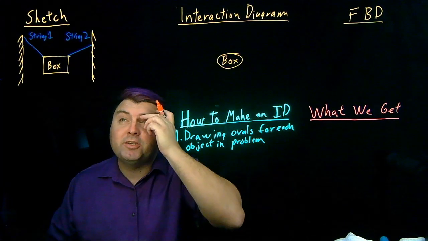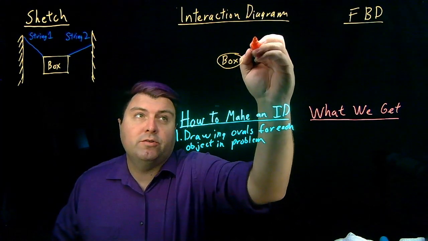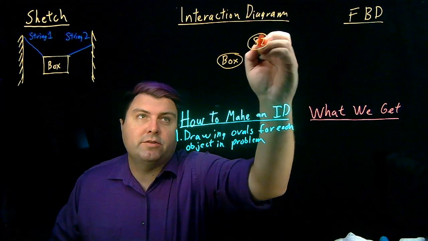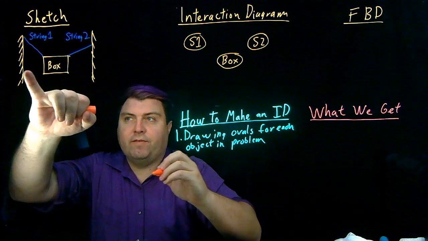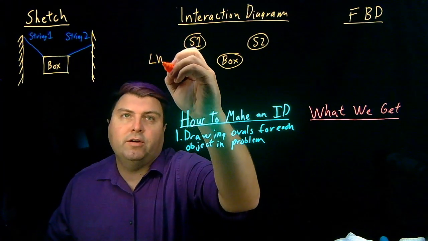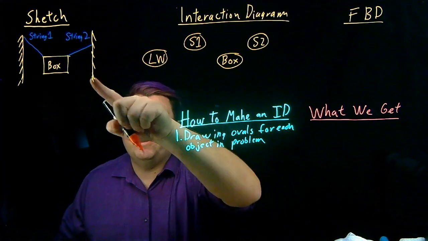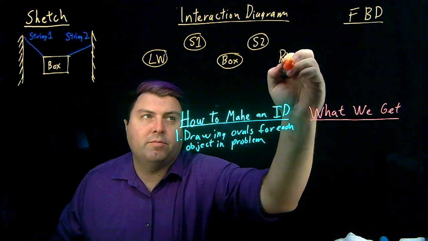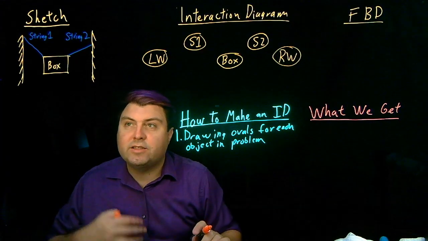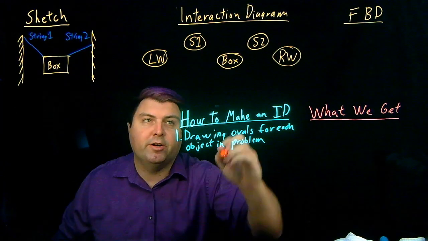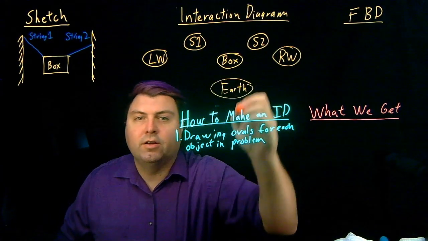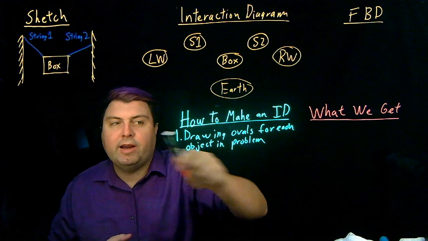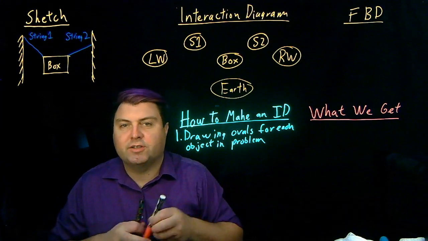And then each object after that, we have string 2, which we can label as S2, string 1, label as S1. We have this left wall over here, so LW for left wall. We have this right wall over here, RW for right wall. And then something not shown in the sketch, but definitely in our problem, is the Earth. So we want to write an oval for each of these objects in our problem.